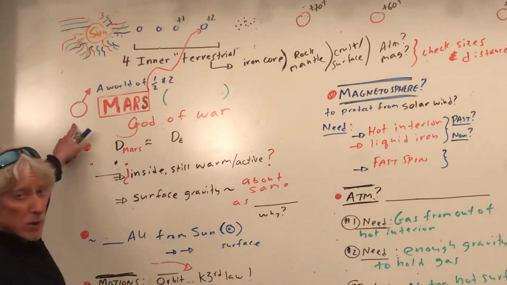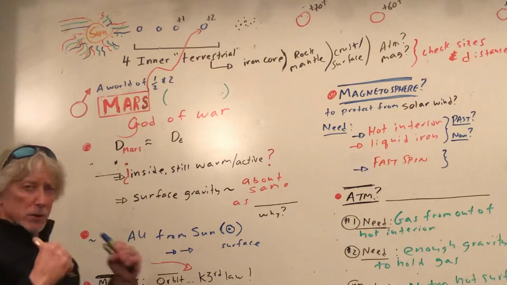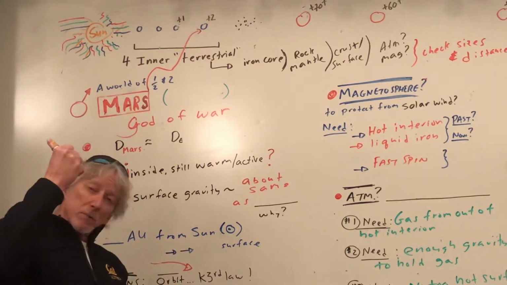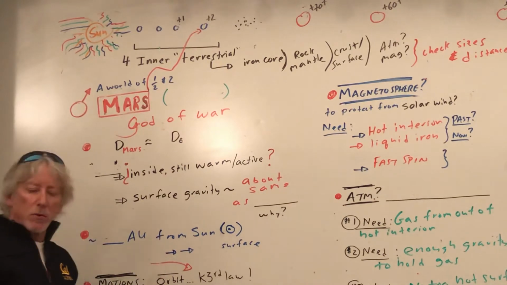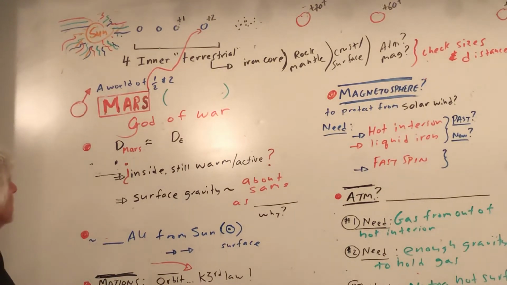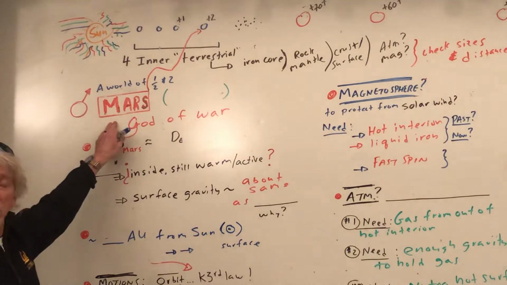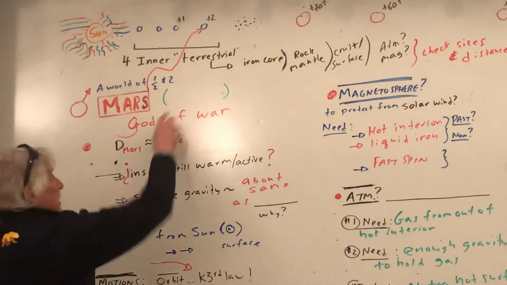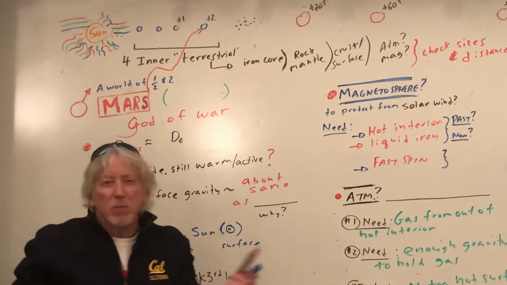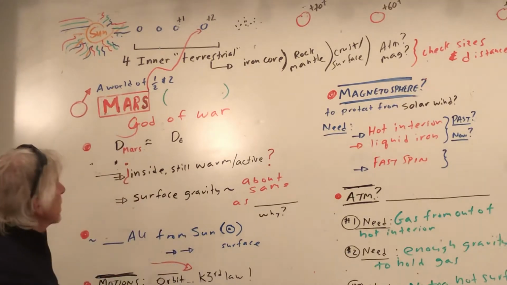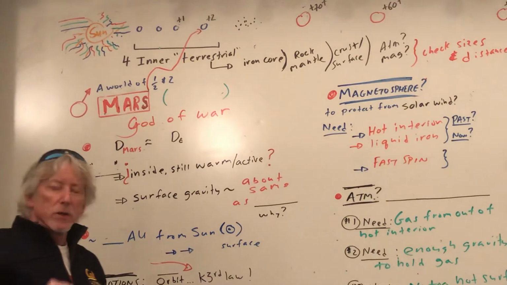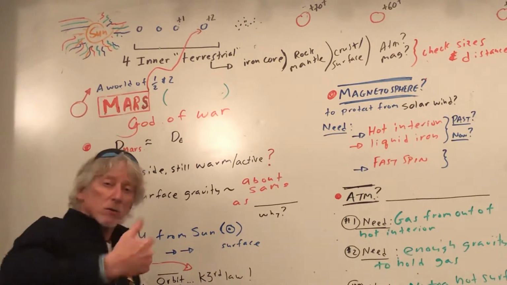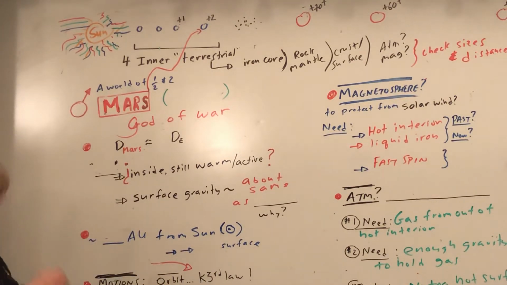And the symbol is a shield and a spear. Shield and spear. Again, I don't ask you to remember that in my class, but others might. Now that's, again, the Roman god name. There's a Greek god name. I think you should do a little playing around, so why don't you check that out. 1/2 and 2. And there's a lot of ways that this echoes. So let's take a look, and then again, we'll do a YouTube.